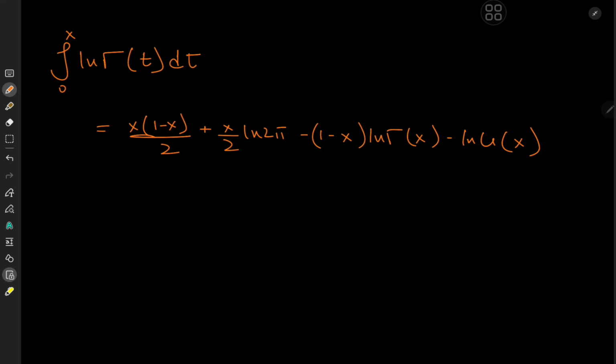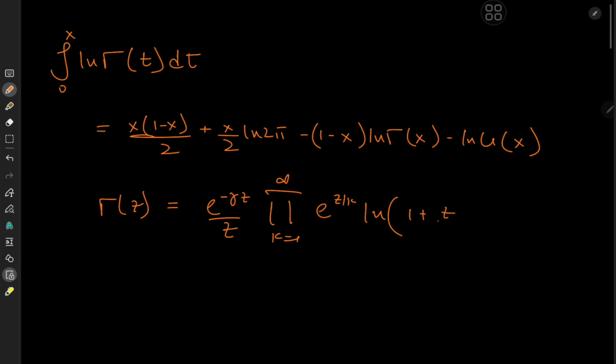But first things first, how on earth are we going to prove this thing in the first place? Well, we have the gamma function, so we might as well start with any particular form of the gamma function, and we'll go with my favorite, and that is the Weierstrass infinite product form. So gamma z equals e to the negative Euler-Mascheroni constant times z over z times the product over k from 1 to infinity of e to the z over k times (1 plus z over k) to the negative 1.